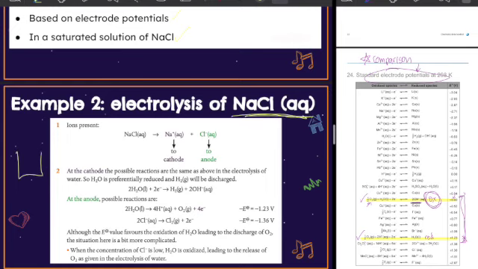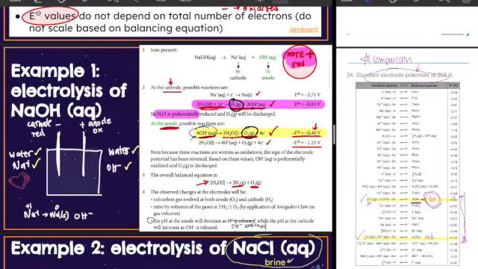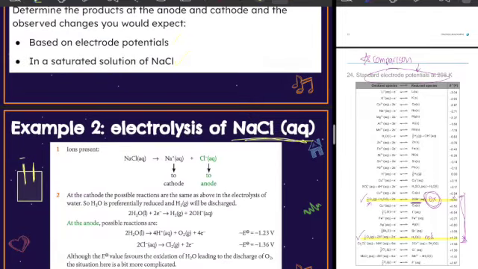We're going to do a nice little comparison here of who would win at the cathode, who would win at the anode. My options here: at the cathode, I could have reduction of water. I could also have reduction of Na+.